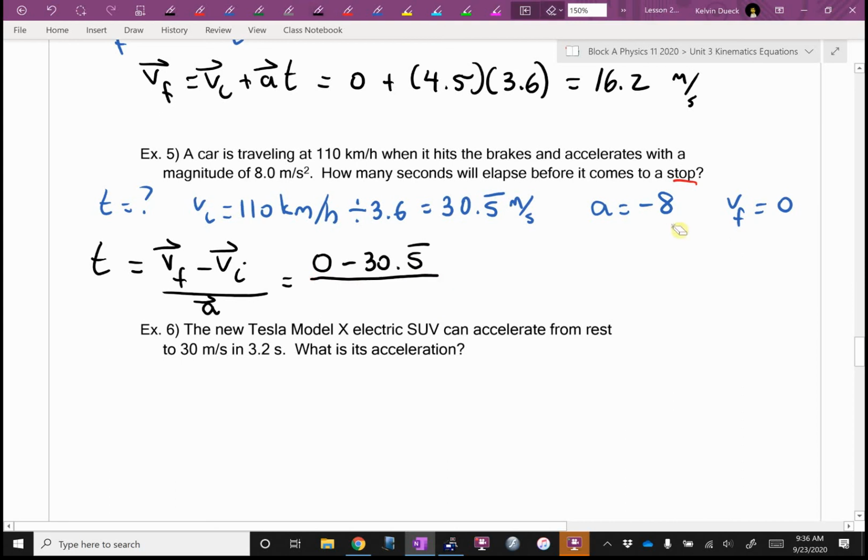Divided by, what was the acceleration? -8. Now, here's the nice thing. If you missed that negative, because it's subtle, you'd get a negative time. Time is a scalar. Time cannot be negative. I saw a Star Trek episode where it went backwards. No, time cannot be negative. So if you ever get a negative time, go back, check your signs. You probably missed something somewhere.